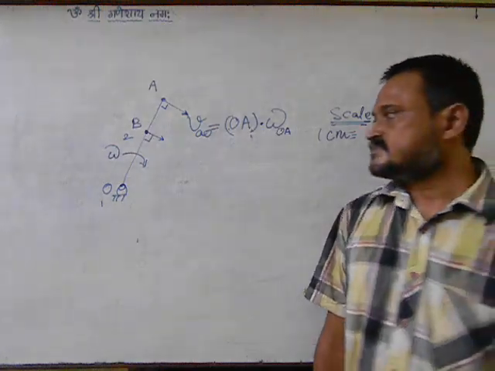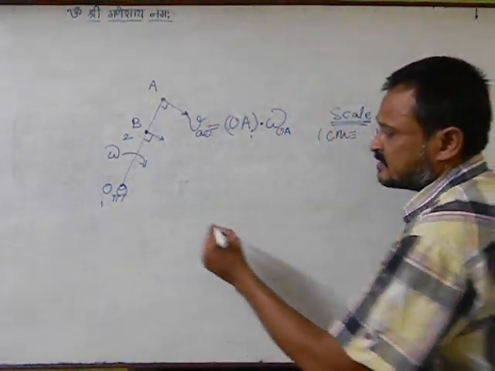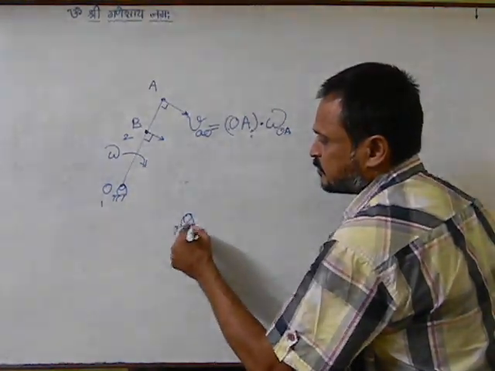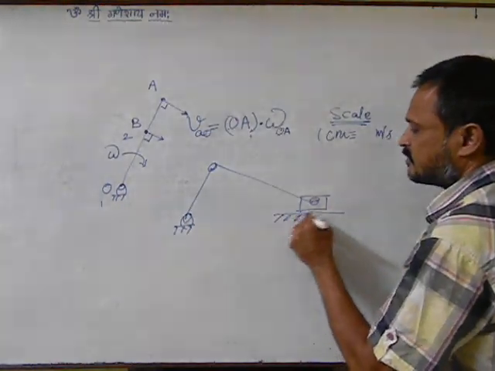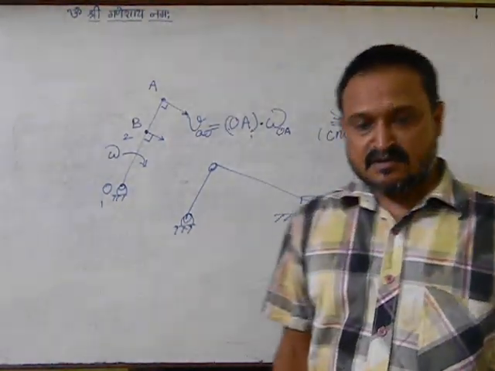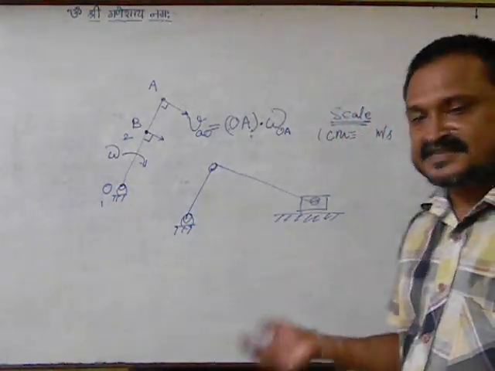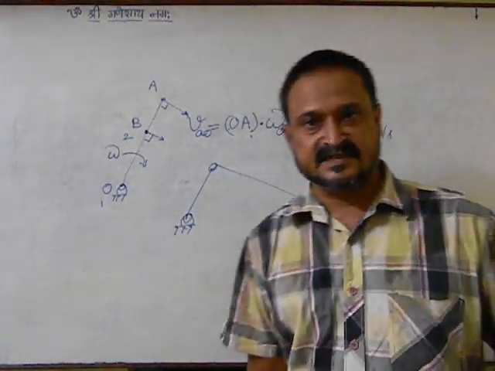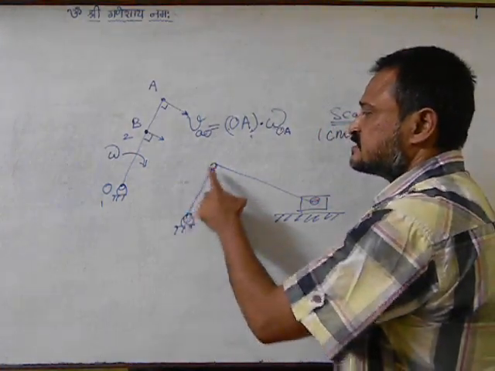That is how we can now plot the velocity vectors for any given configuration or any given mechanism, and we can try to understand. Now the best places to go for the velocity analysis are the joints.